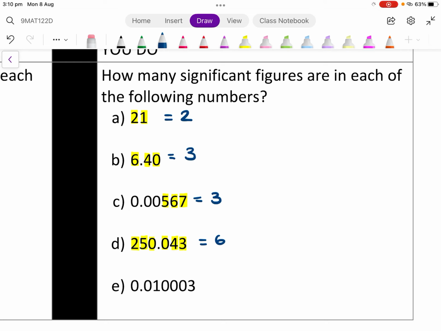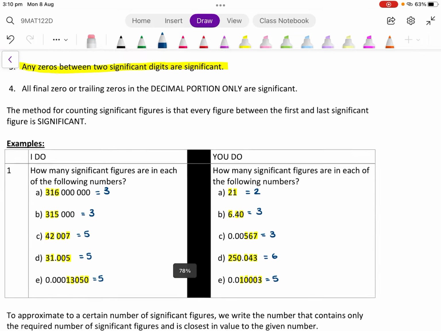In E, 0.010003, our 1 and our 3 are non-zero digits, and the zeros in between are also significant. So there are 5 significant figures there.